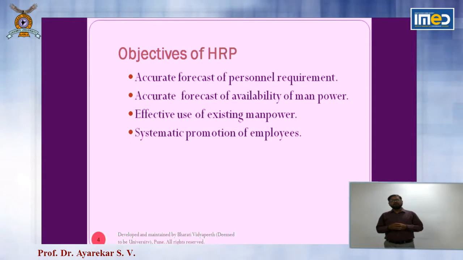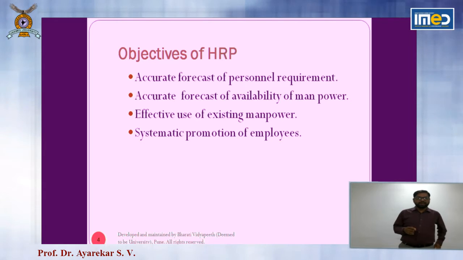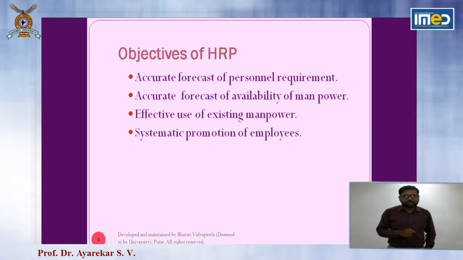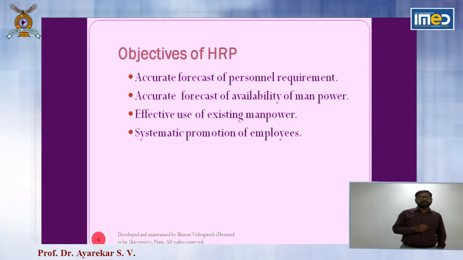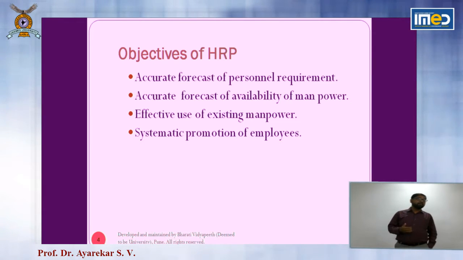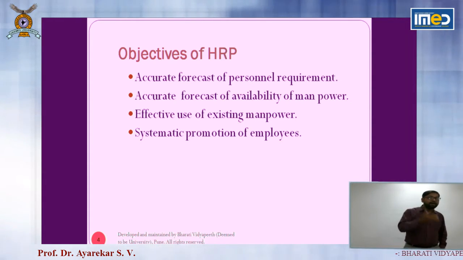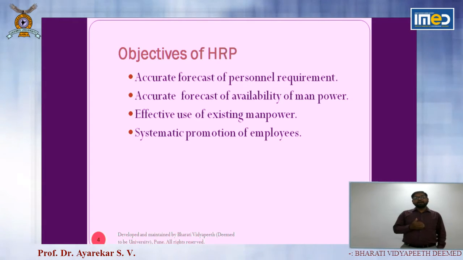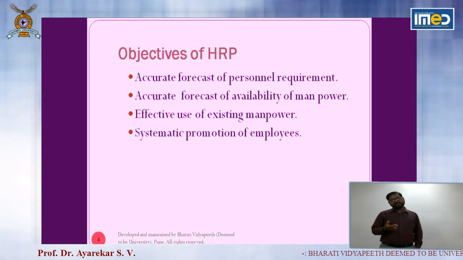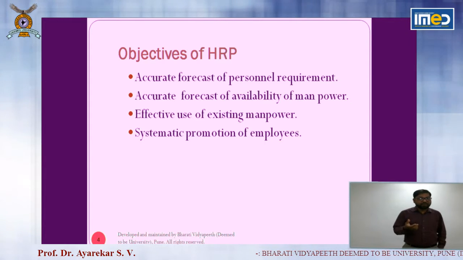Now we'll move to the next part, the objectives of human resource planning. The first objective is accurate forecast of personnel requirement. How many people are required for this particular job? How many sales personnel are required? How are we going to finalize that?